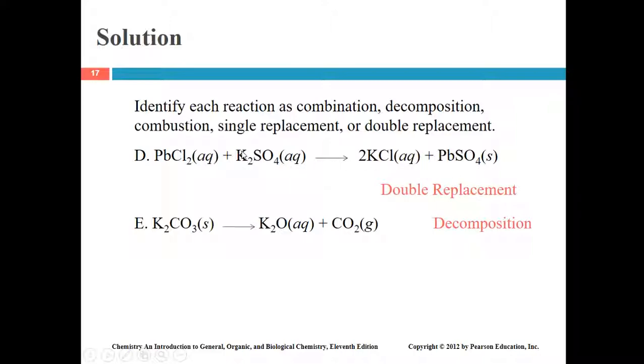So our potassium, our positive ion, is going to hook up with the negative ion, the chloride ion, and our lead 2 is going to hook up with our sulfate. So two different things switch partners, so we have a double replacement. And last but not least, we have one item that is going to break apart into two or more items, and so that is decomposition.